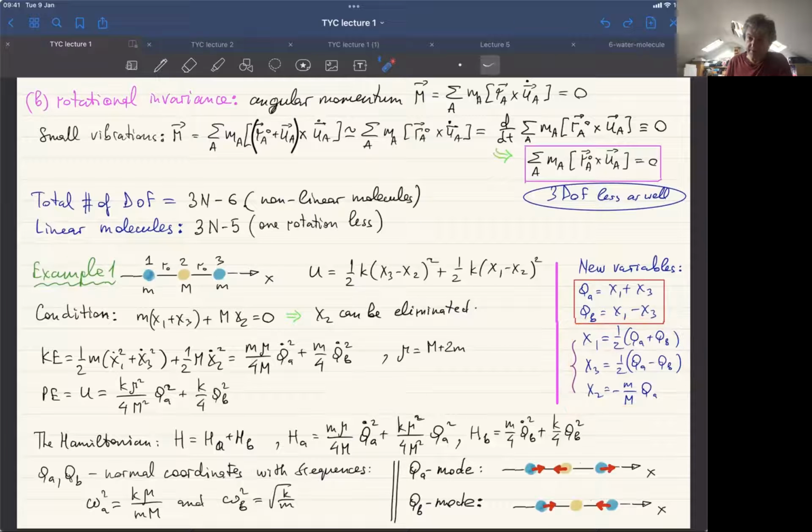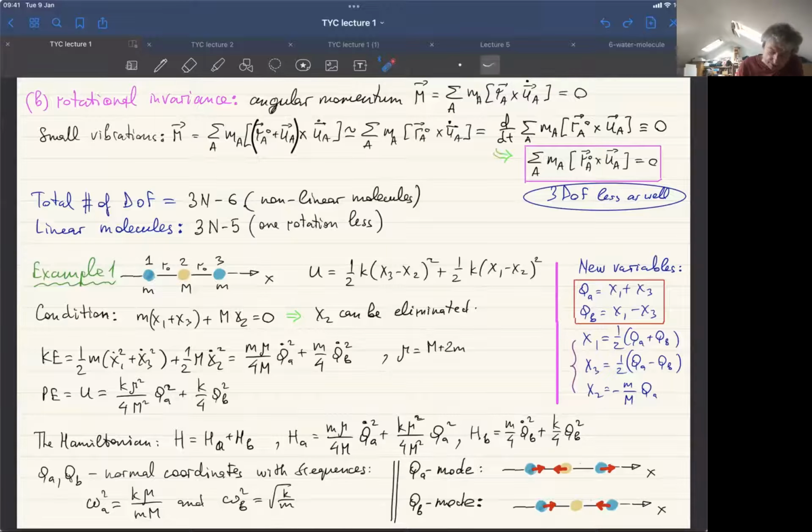Okay, that's a very simple statement. Now, the idea is to write the kinetic and potential energy of our molecule via only these new coordinates. If we can do this, then we would be able to solve the vibrational problem in terms of these new coordinates. These new coordinates are not yet normal coordinates. They might be, if we guessed correctly, but it's just another choice to simplify the energy.